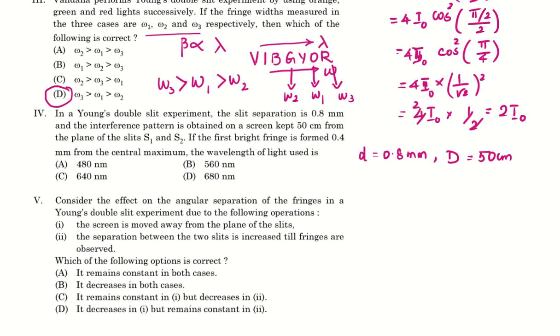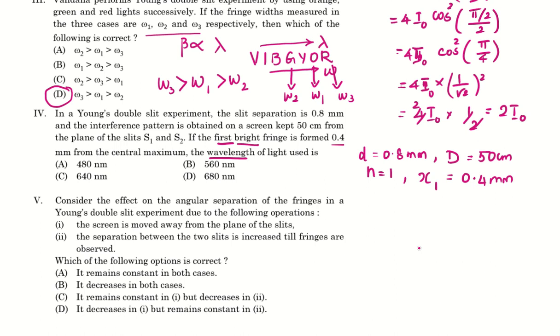If the first bright fringe, first means n equals 1, bright fringe condition we have to use, is formed at 0.4 millimeter, which means x1 equals 0.4 millimeter.